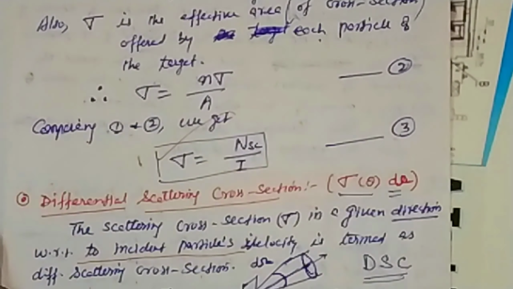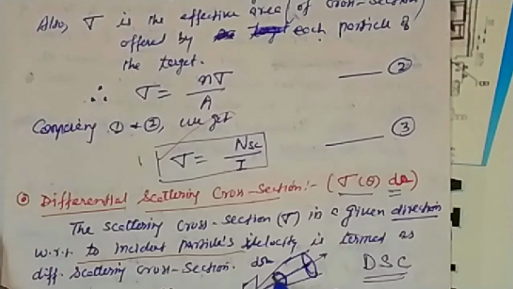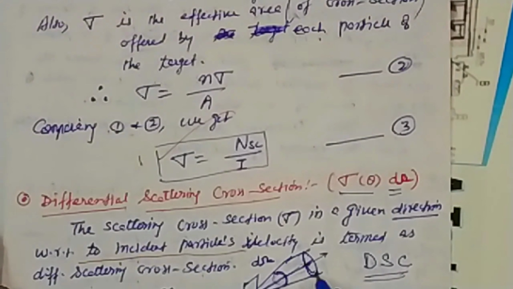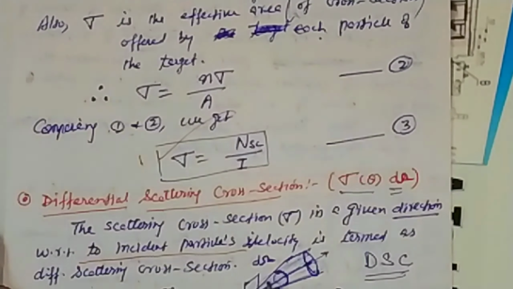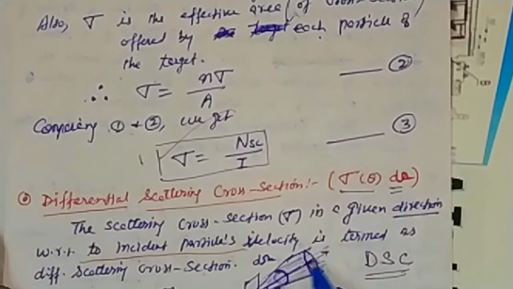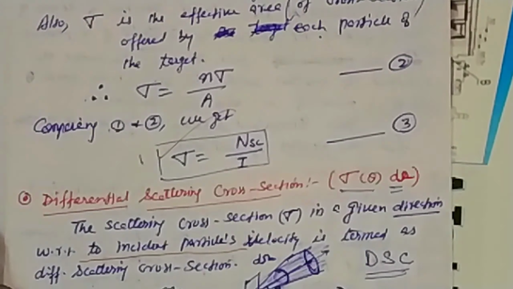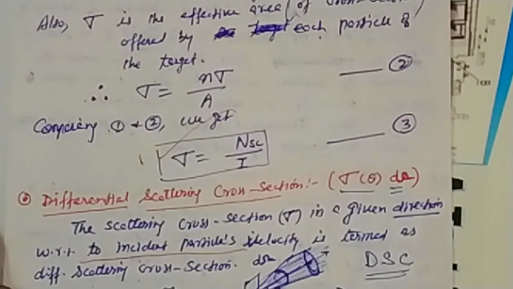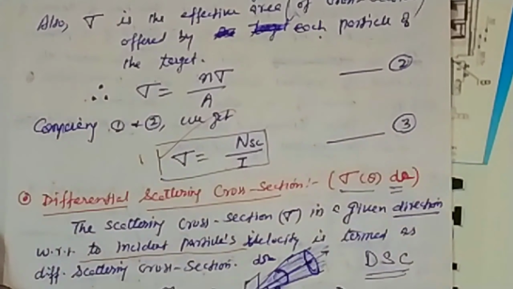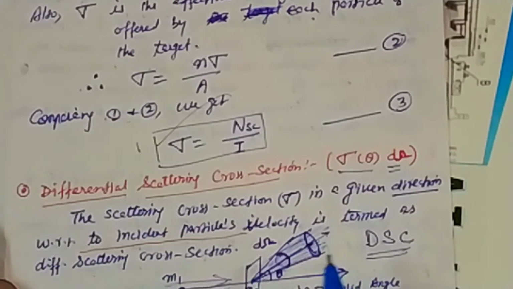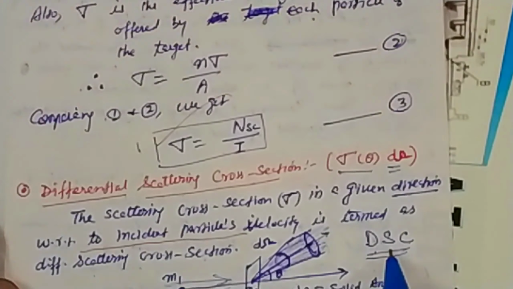In this case, suppose this angle is the solid angle d omega. Then the total number of alpha particles scattered into this direction divided by the number of particles incident in this direction is the ratio. That ratio is called the differential scattering cross section.